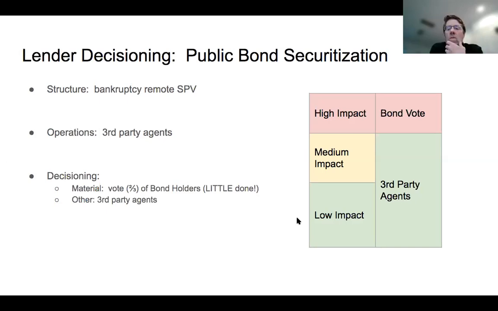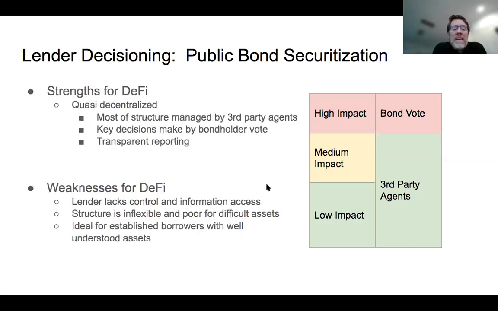Let's talk about its strengths and weaknesses from the DeFi world. So one, I'd say it's quasi-decentralized. Again, think about how it's managed. The highest impact decisions are done by the bondholders. They vote, similar to Maker holders. And then the medium, or probably almost all the more low impact decisions, anything not particularly material, is done by third-party agents that have been delegated into very specific roles.